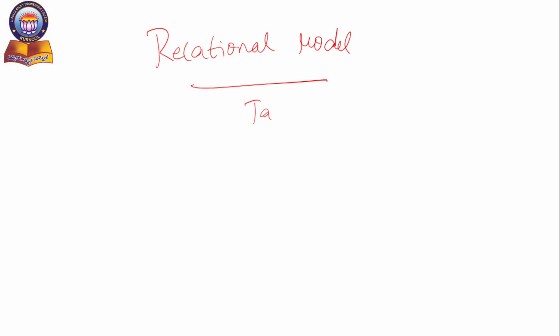Next, coming to the relational model. First of all, what is meant by the relational model? A relational model is nothing but a model in which the data is stored in table format. Already we know what a database management system and a relational database management system are.